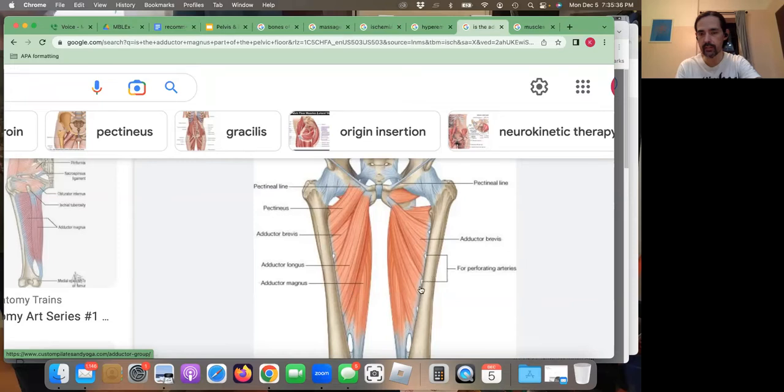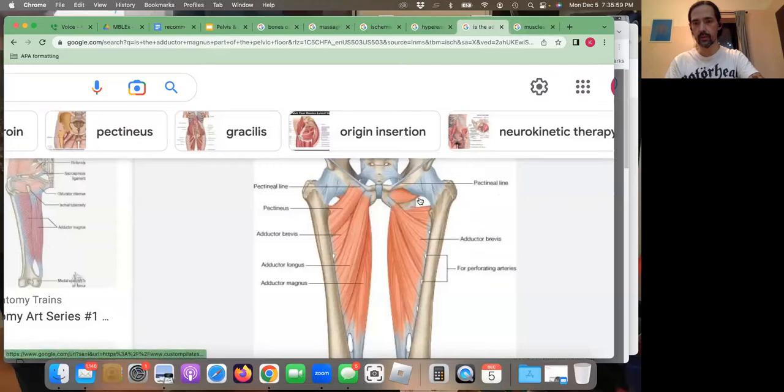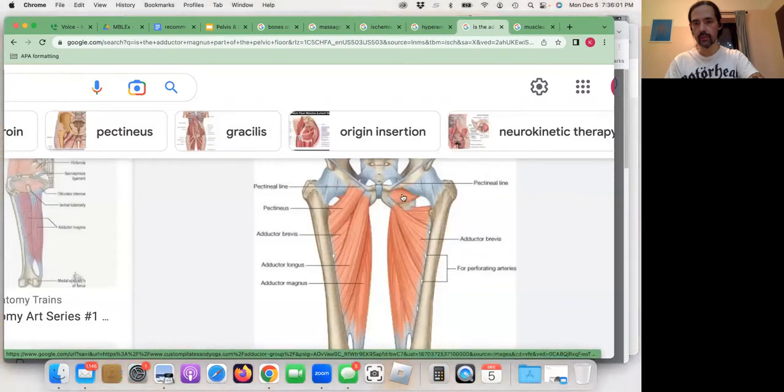I don't know attachment versus insertion well enough, but now we can see the adductor brevis, and this must be the adductor magnus. Yeah, adductor magnus, right? This is the magnus, and on top of that is the longus, and then the pectineus. That's the obturator externus, in the posterior aspect.